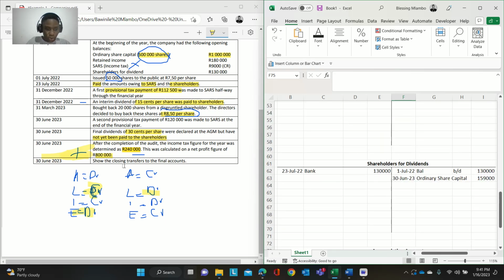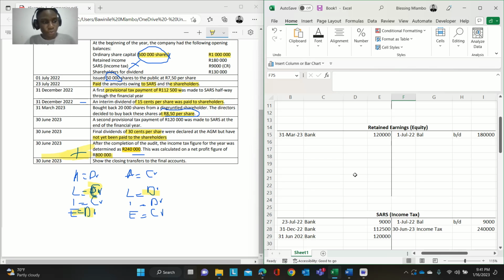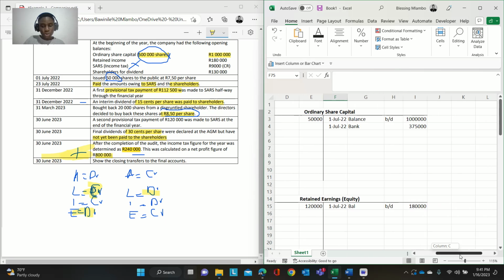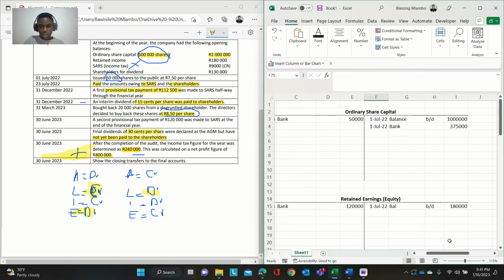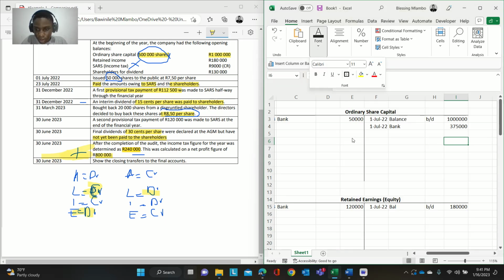So they say show the closing transfers to the final accounts. So now we're done recording all of our journal entries for the year. Now we just need to close off these accounts. So we start with the ordinary share capital. We say, okay, let's close off this account. Which side between the two is bigger, right?